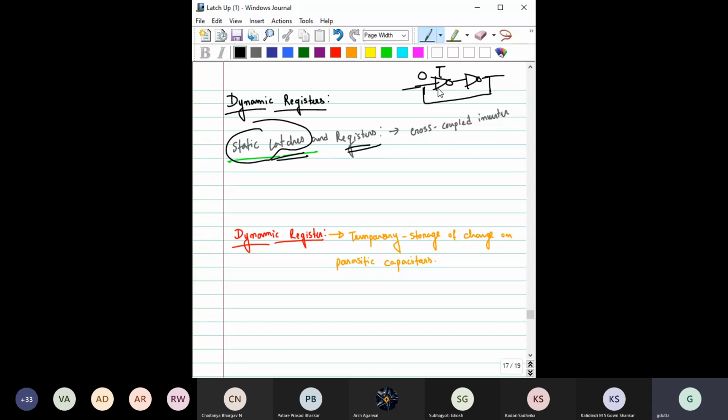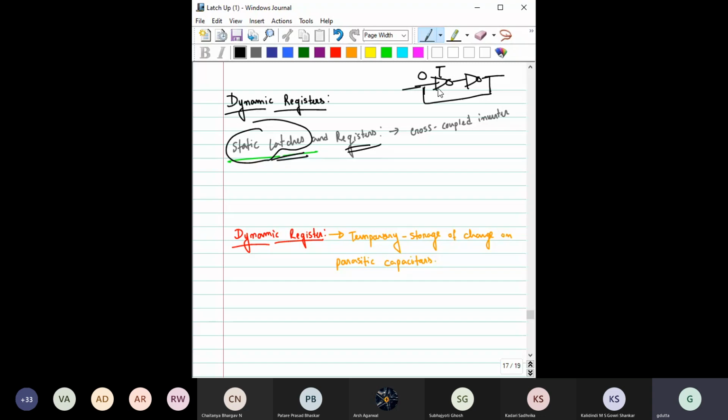Permanently means until the power is interrupted, but for a very small time. Say we will charge a capacitor. If the capacitor is charged, we consider it as 1. If there is no charge in the capacitor, we consider the stored value to be 0.